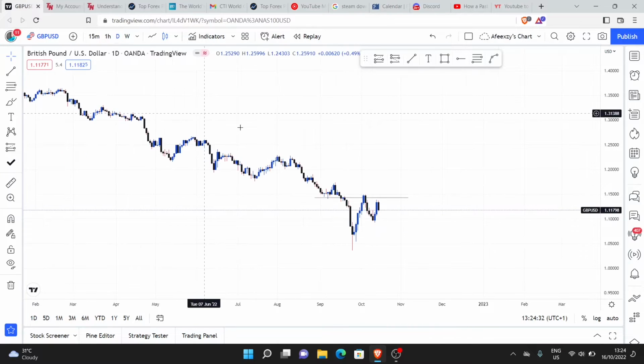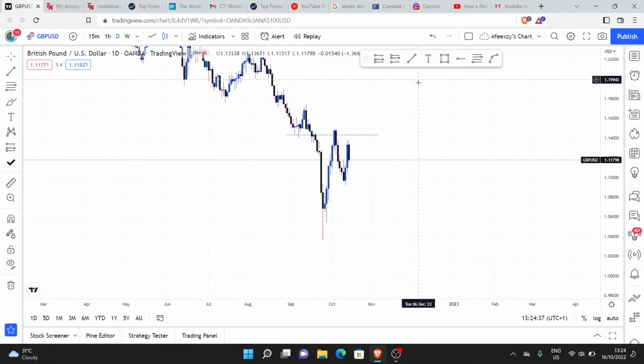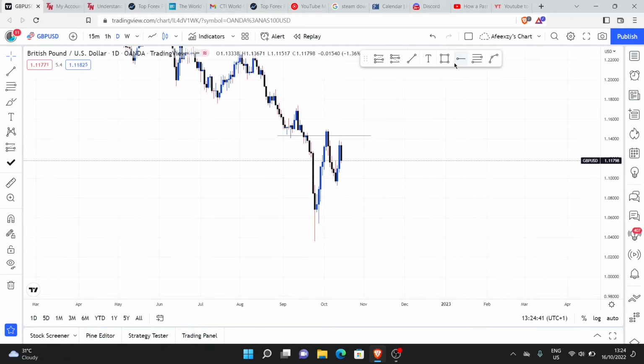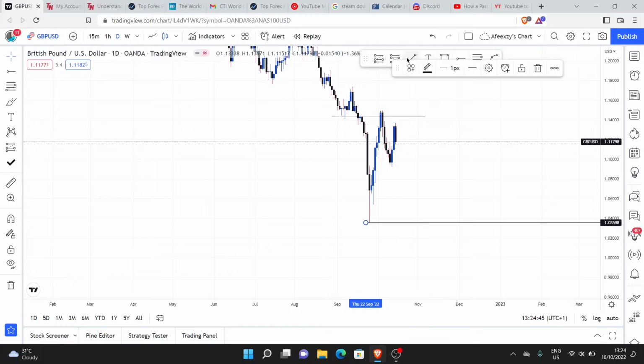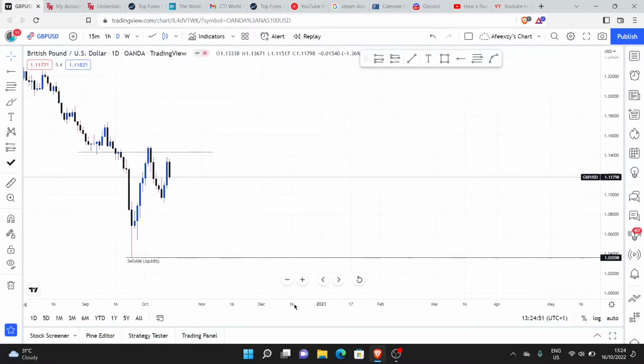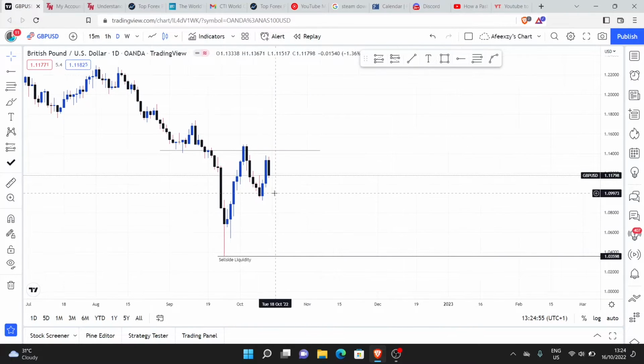Going to our daily time frame, we are also bearish, in the sense that here is where we should be anticipating to attack this sell side liquidity. Let me just mark that. That's the next place we should be watching carefully.